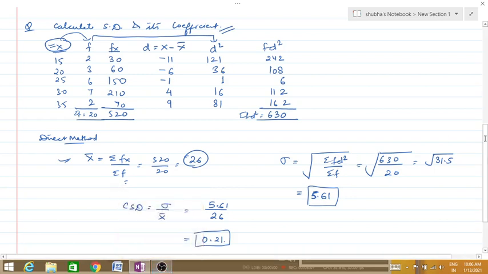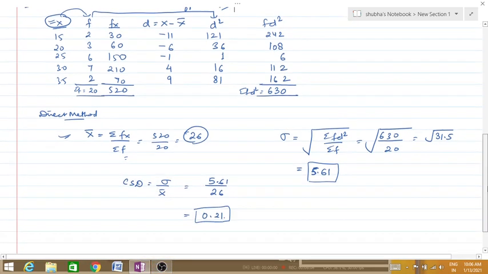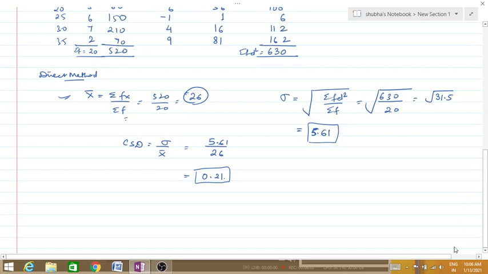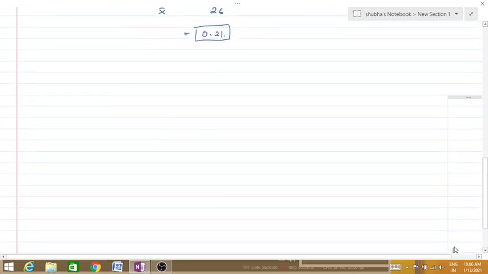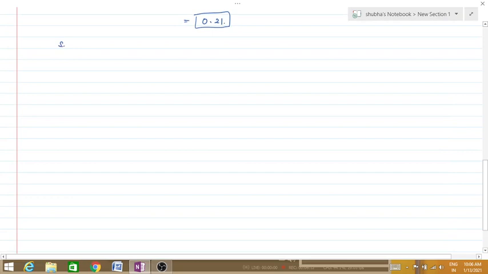And now let us study the shortcut method as well for the same question. Writing the same question again: 15, 20, 25, 30, 35 and frequency is given as 2, 3, 6, 7, 2.